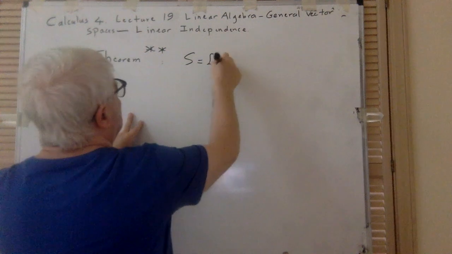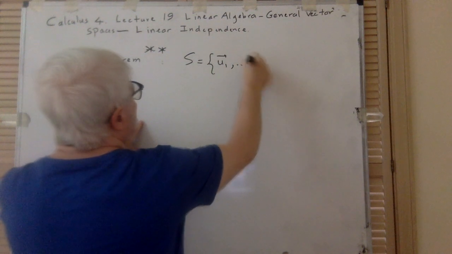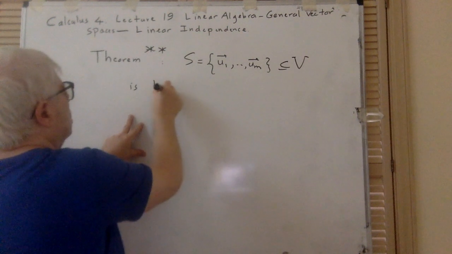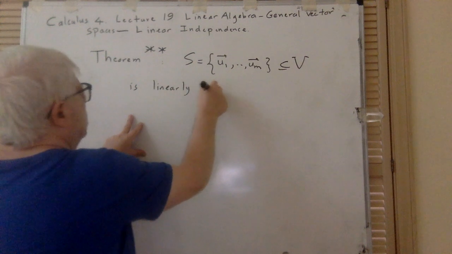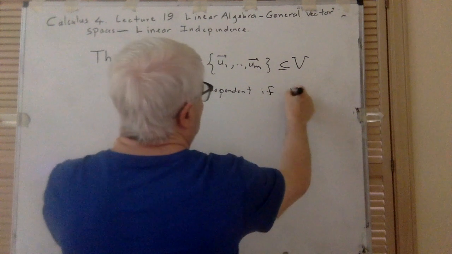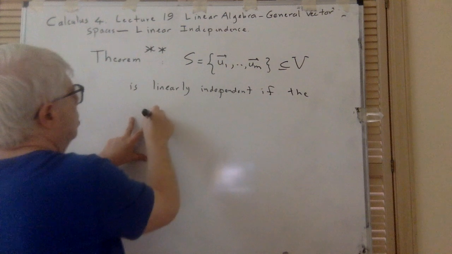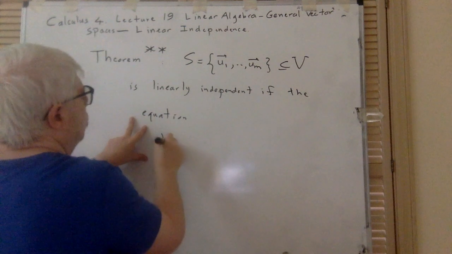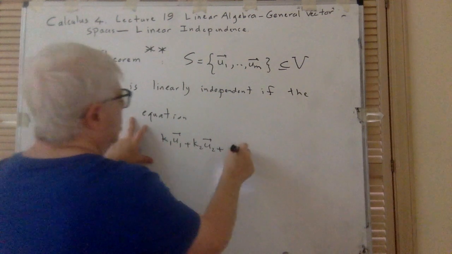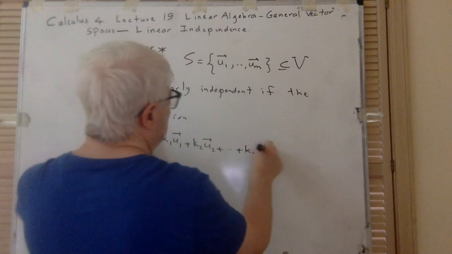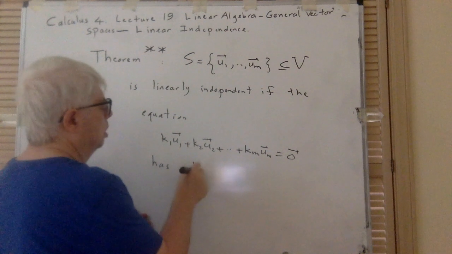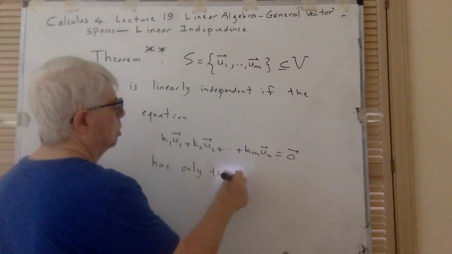S equals u1 up to um, as a subset of V, is linearly independent if the equation, and remember this is like an equation, k1 u1 plus k2 u2 plus up to km um equal to 0, has only the trivial solution.